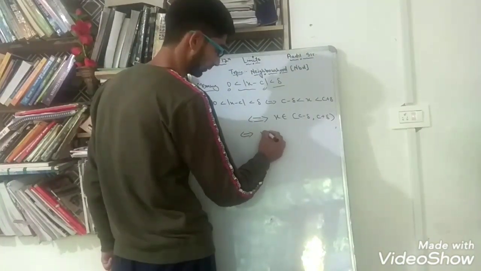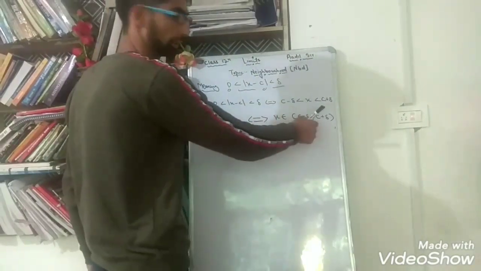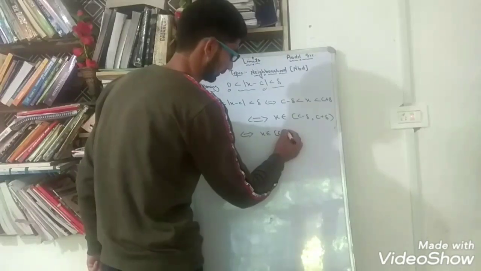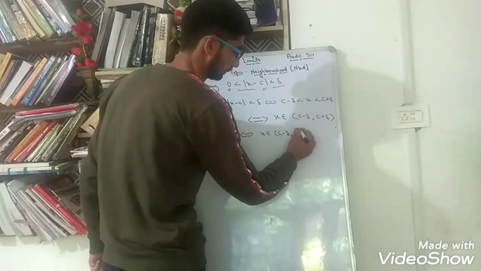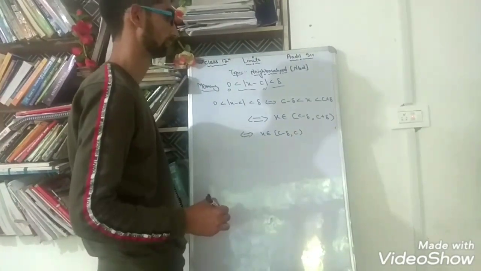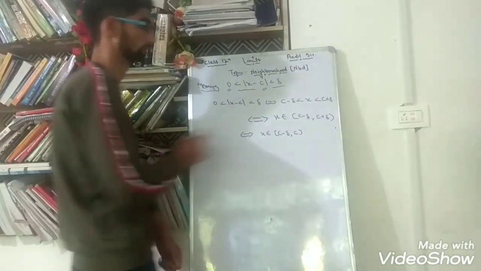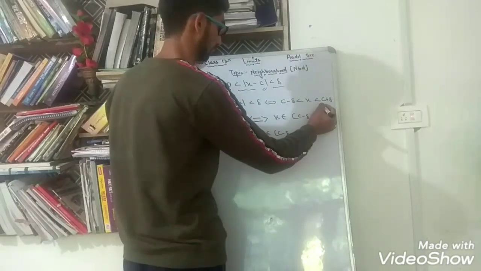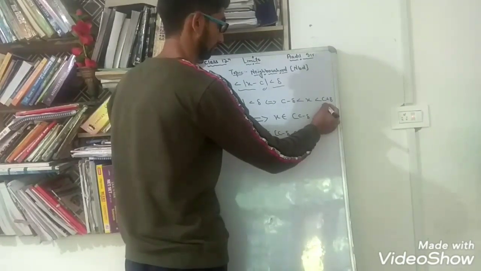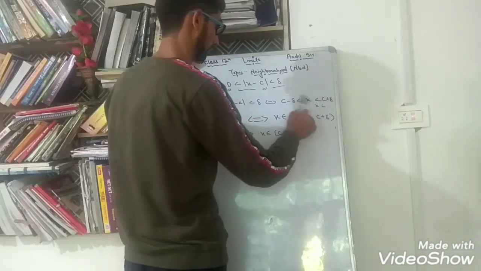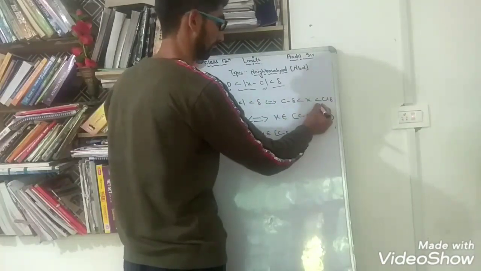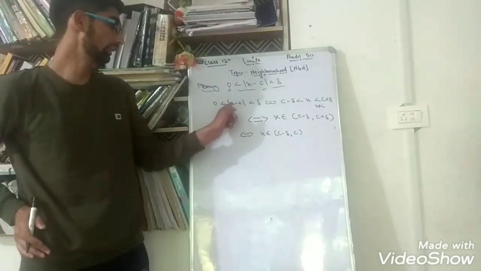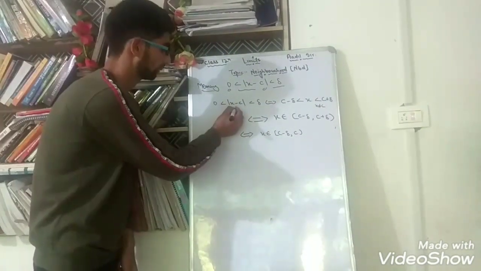x belongs to, I can split this open interval as the open interval c minus delta to c, or, sorry, this c. x should not be equal to c, because if x is equal to c, that means here it will be 0 minus 0, that is 0.